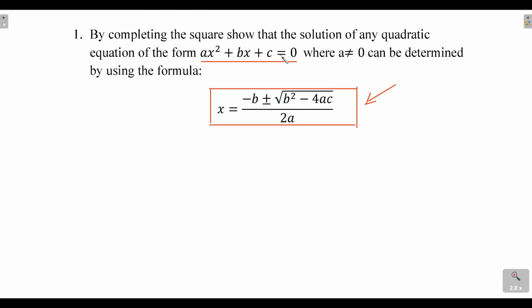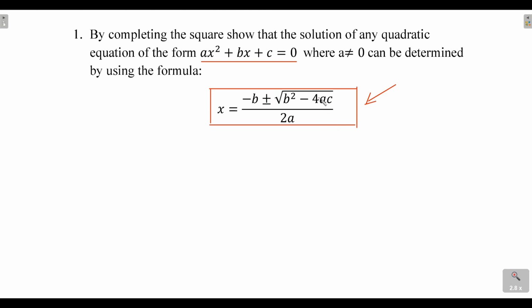So basically what this question is asking us to do is to prove that the solution to this equation is x equals minus b plus or minus the square root of b squared minus 4ac all over 2a. That is what we want to do.